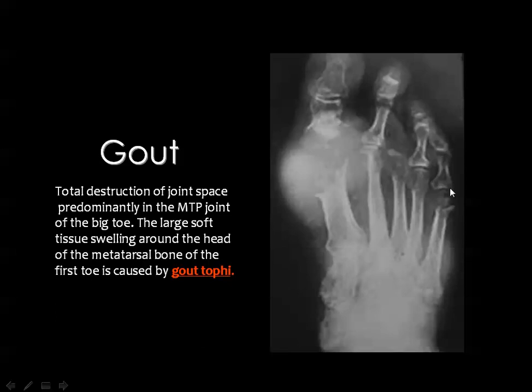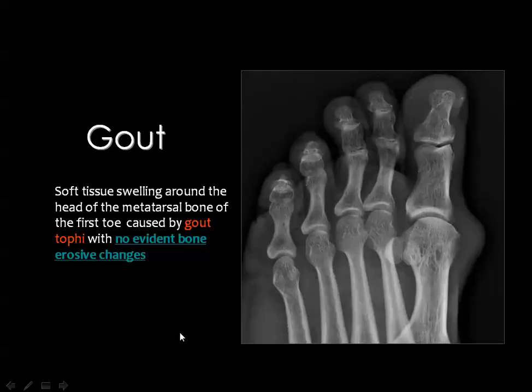Also, you can see other sites of bone involved. You remember that tophi may be deposited in the periarticular area, and it takes some time to produce bone erosions. Then, based on this appearance, you may assume easily that this is gout.